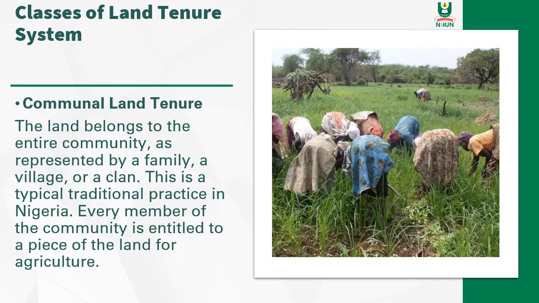Every member of the community is entitled to a piece of land for agriculture. Like you can see in this picture, the whole community comes together to farm on the land, and whatever harvest they get on the land is sold, and the money is shared, or the crops are even divided amongst each other. That is communal land tenure.